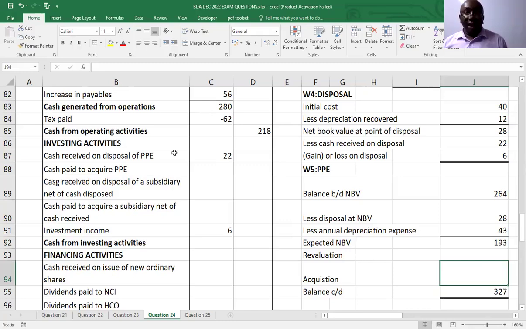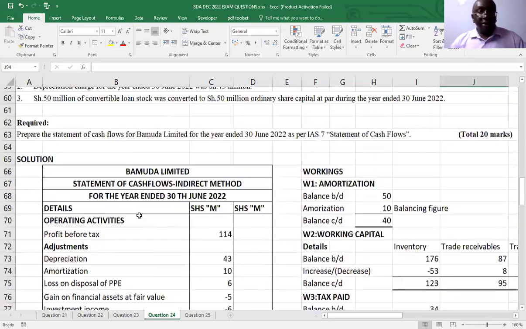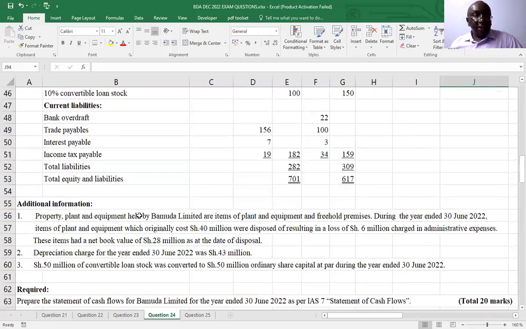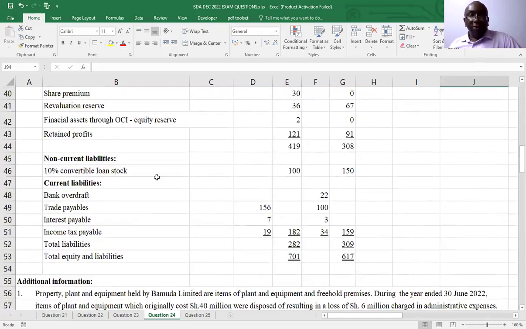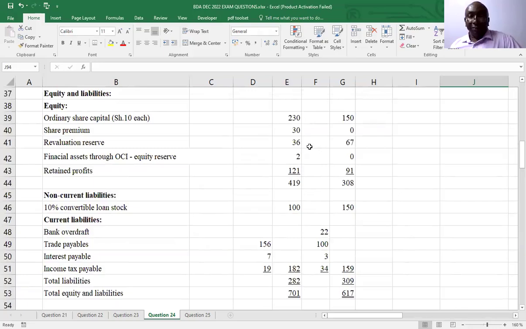But revaluation, we can check on the equity side whether there was a revaluation. You can see there is a revaluation reserve here. And what has happened is that we moved from 67 to 36. So is this a gain or a loss? Let me hear from you.